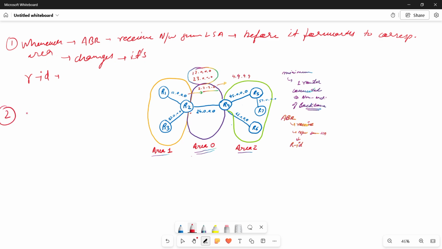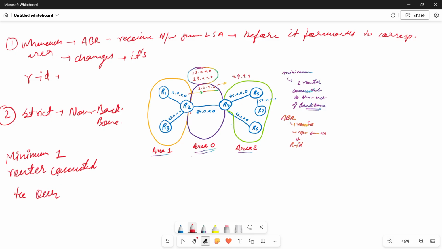The second, and it's a strict one, for a non-backbone area, is that there has to be a minimum of one router connected to the backbone area.